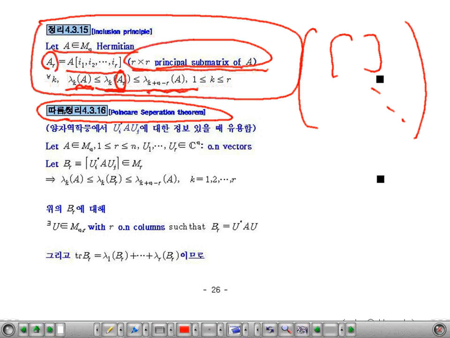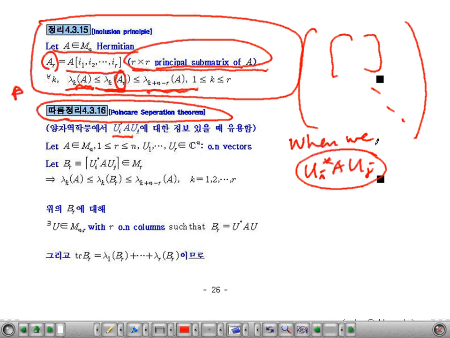And the next corollary is called the Poincaré separation theorem. Poincaré was a great French mathematician. This kind of information is very useful when we have some information about this matrix. These kinds of theorems can be used in quantum physics, quantum dynamics.